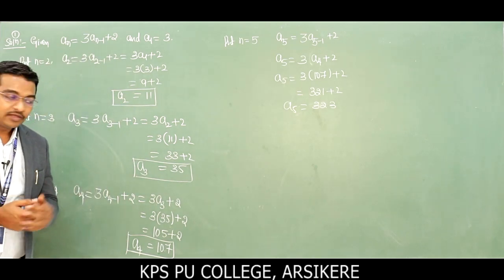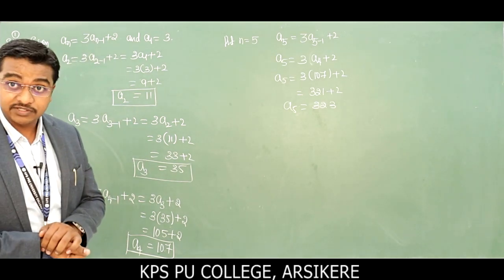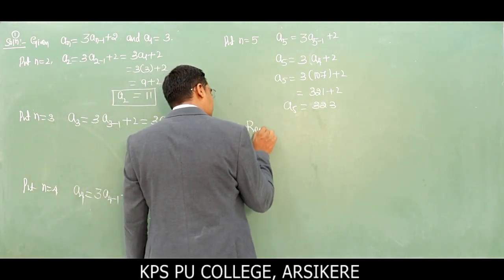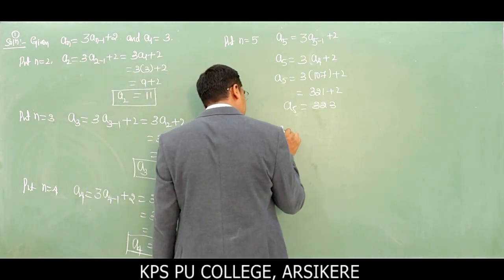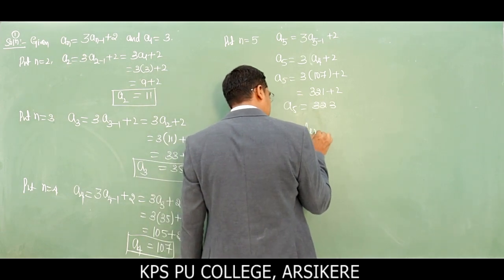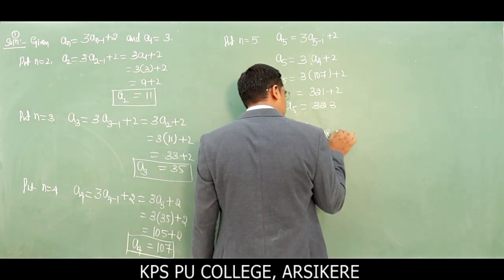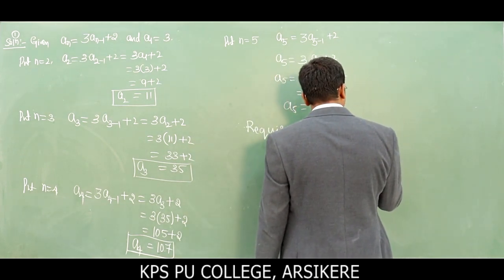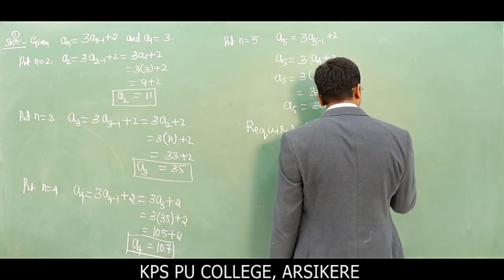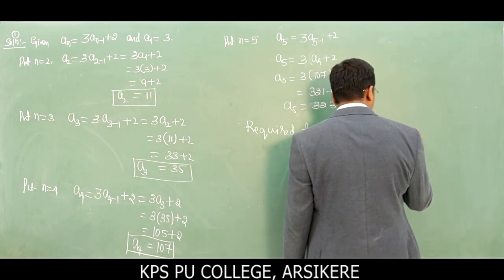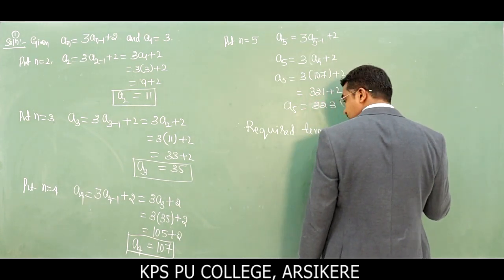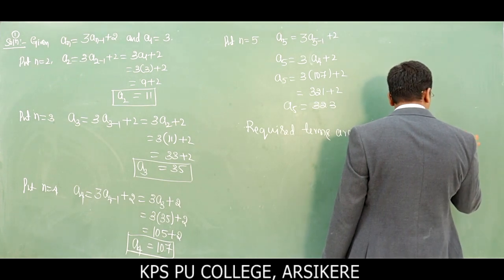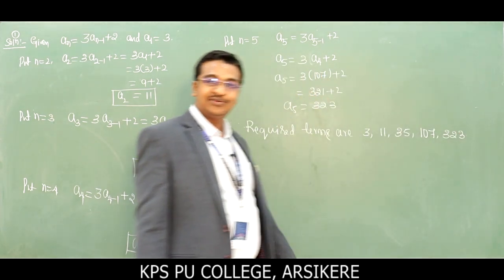Did you understand, children? So therefore the required terms, the first 5 terms, are: first term a1 is 3, a2 is 11, next 35, next 107 and 323.